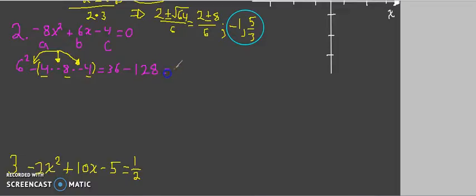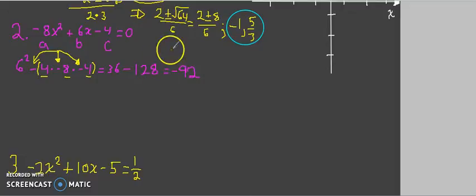Then that works out to be 36 minus 128, which is equal to -92. And of course, you can use your calculators to do the arithmetic so that you can focus on more of the concepts and not get bogged down with the arithmetic.